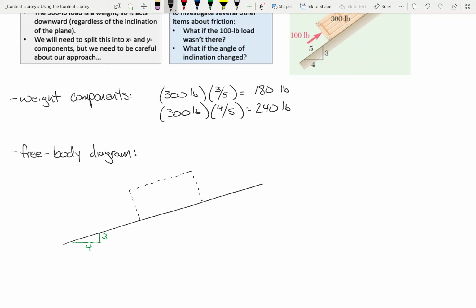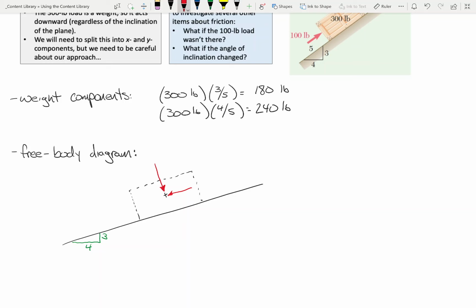Now, what I'm going to do is split this up, right here at the box. So the centroid of the box is about right there. I'm going to say this is going to be a force and that's going to be a force.